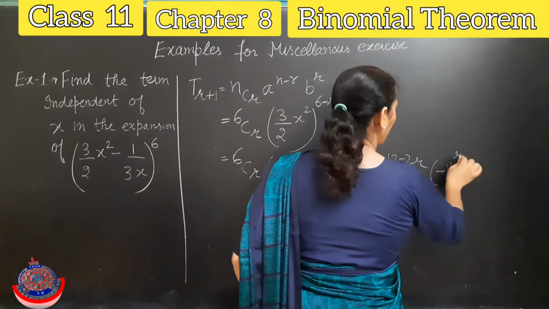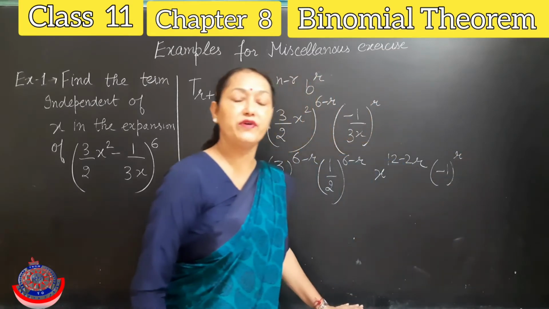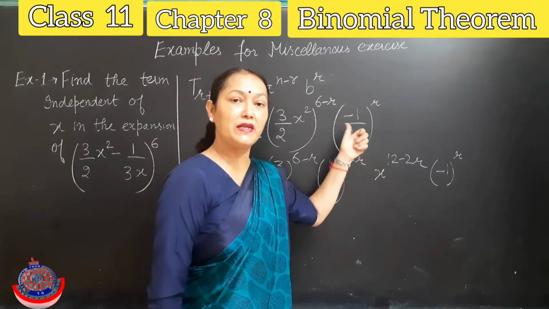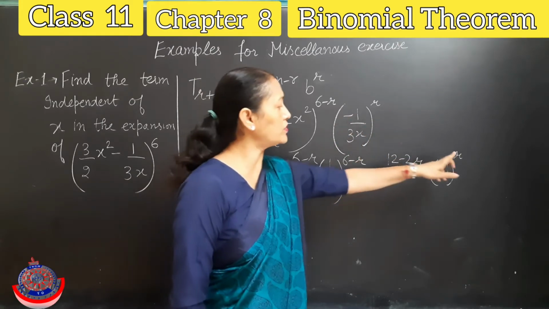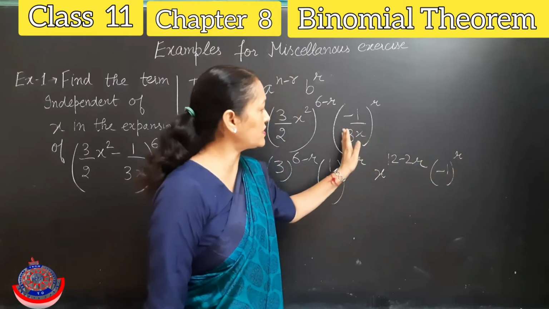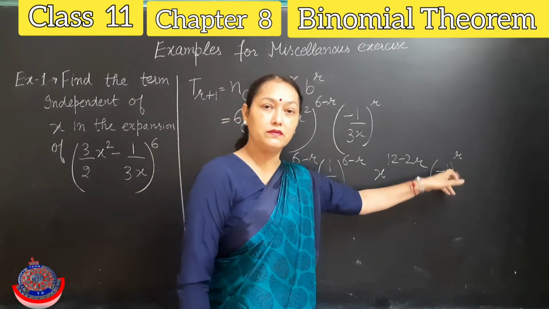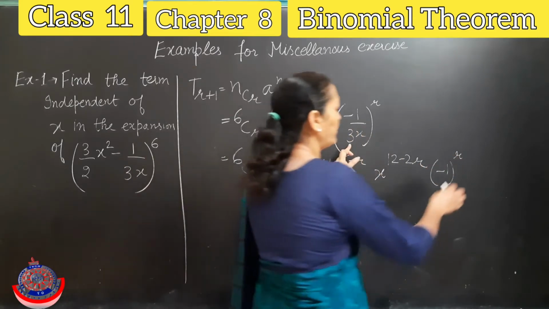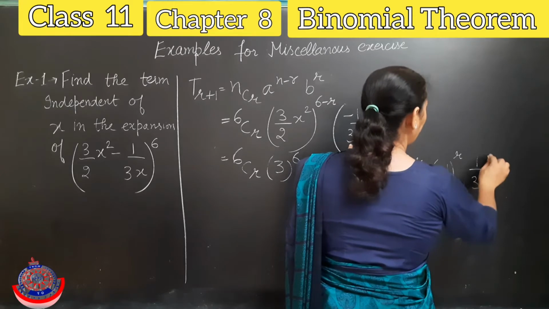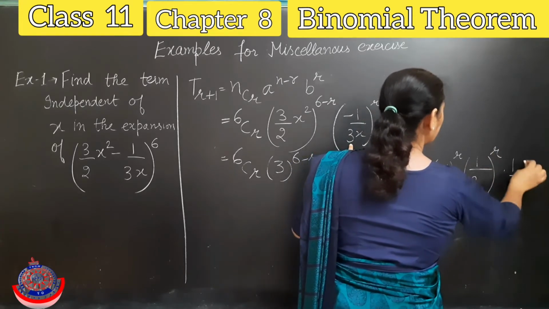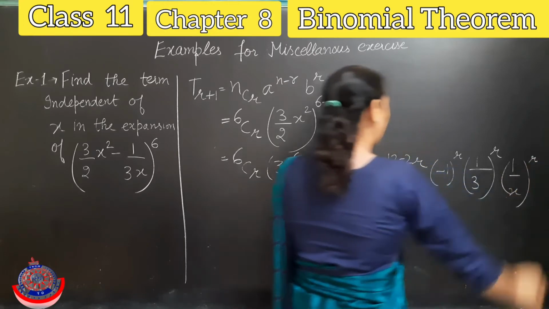Not known means r is even or odd. We decide whether this negative sign will remain negative or positive according to the value of r, which means if r is even, then the answer will be positive, and if r is odd, then the answer will be negative. Now 1 upon 3 power r and 1 upon x power r.